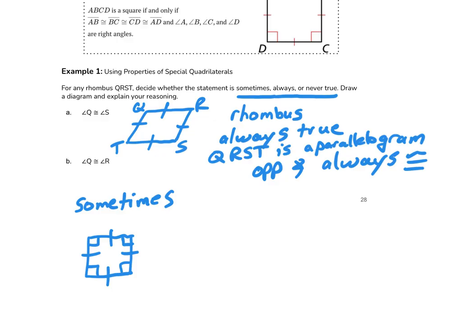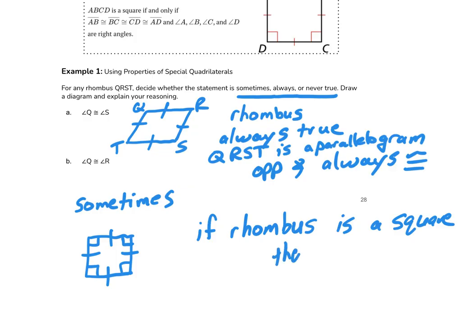And so my reasoning here, I would just say something like, if the rhombus is a square, then all angles would equal 90 degrees.